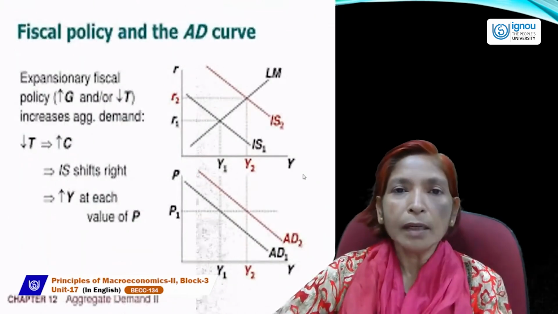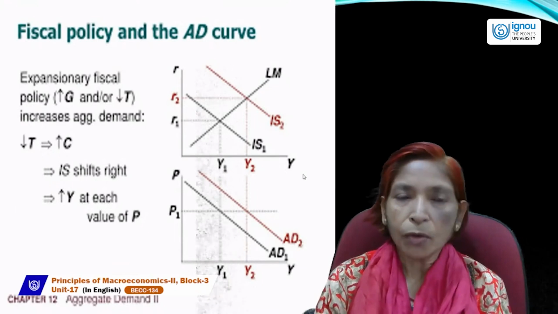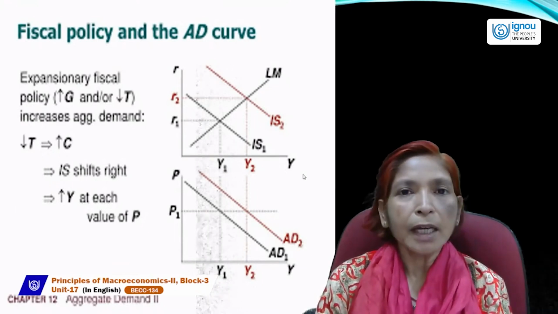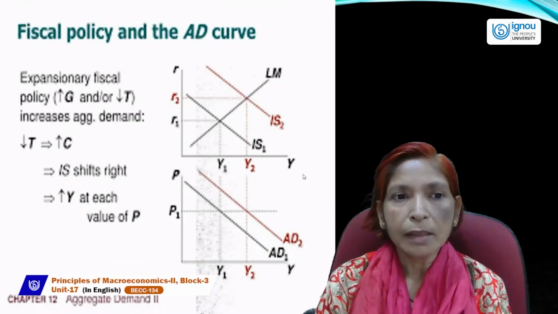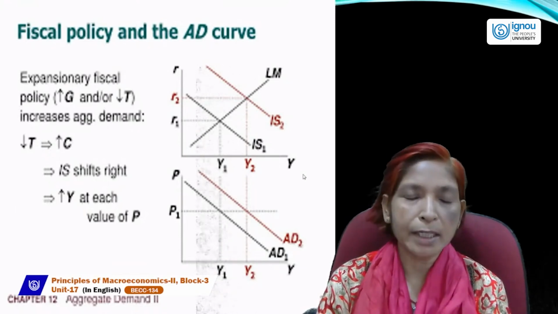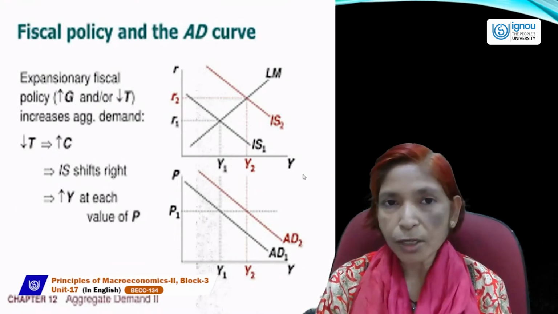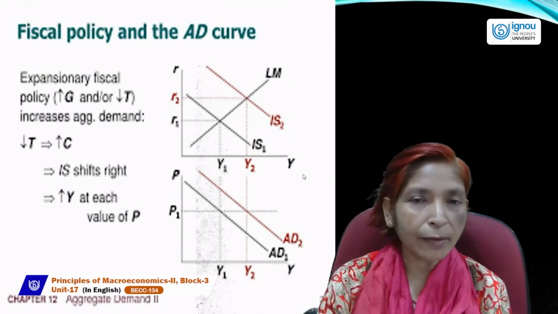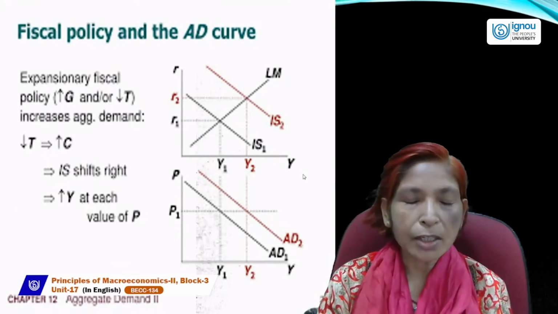Next, the aggregate demand curve can also shift. You know that each and every diagram can't remain stable; it can shift either to the right-hand side or the left-hand side. That's why the aggregate demand curve can also shift either way. The IS curve can shift, the LM curve can shift.